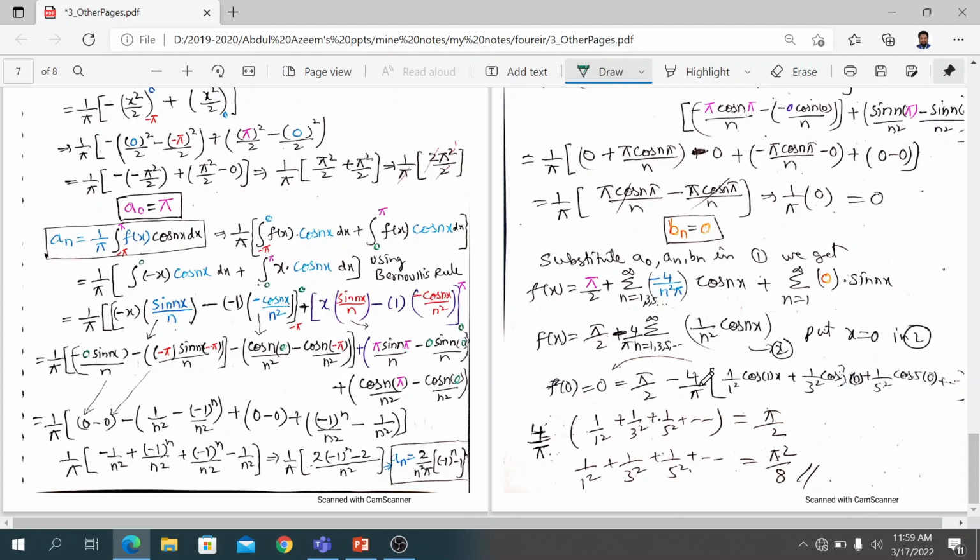So this minus pi by 4 whole, when brought here, becomes 4 by pi, 1 by 1 square plus 1 by 3 square plus 1 by 5 square and so on is equal to pi by 2. This pi by 4, when sent over, becomes pi into pi, pi square, 4 into 2, 8.